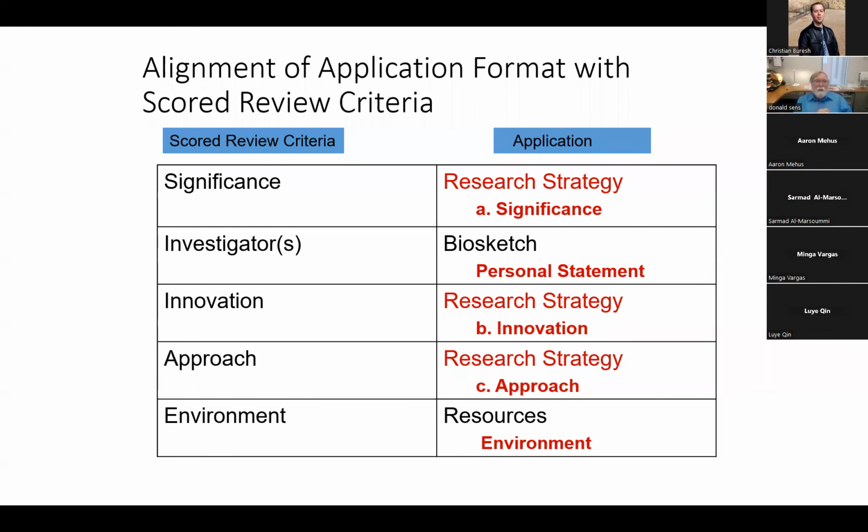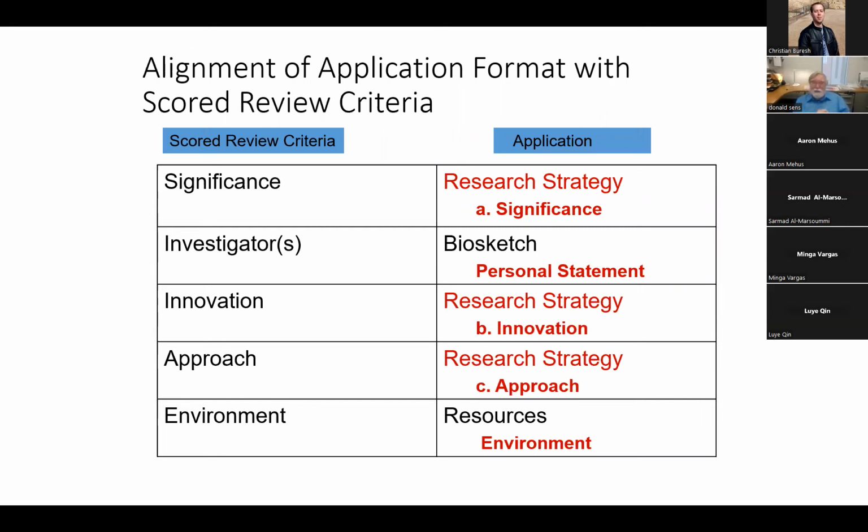So when you submit your grant, you're going to have 5 sections that are going to get scored. One of these is the significance, and this will be in your research strategy. Your biosketch is very important. They keep changing it, which drives us all nuts, but they keep doing it. But your personal statement's important to outline why you're doing what you do and your accomplishments during your career.